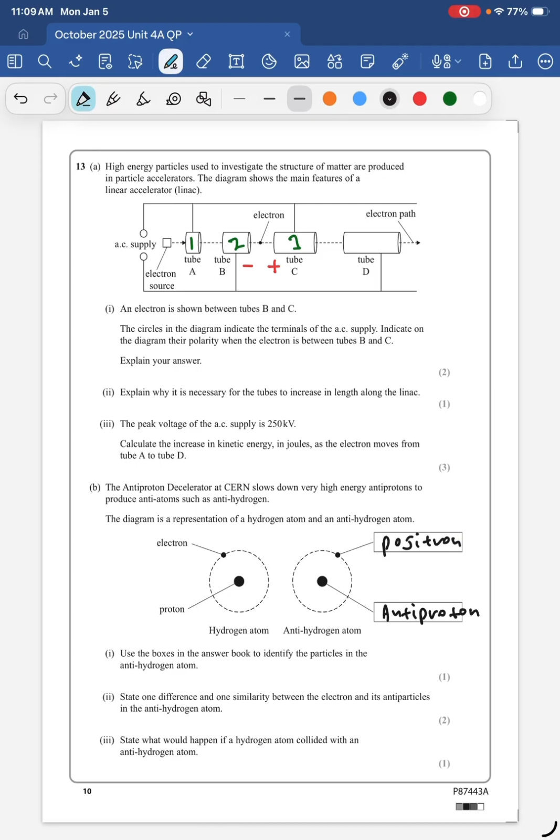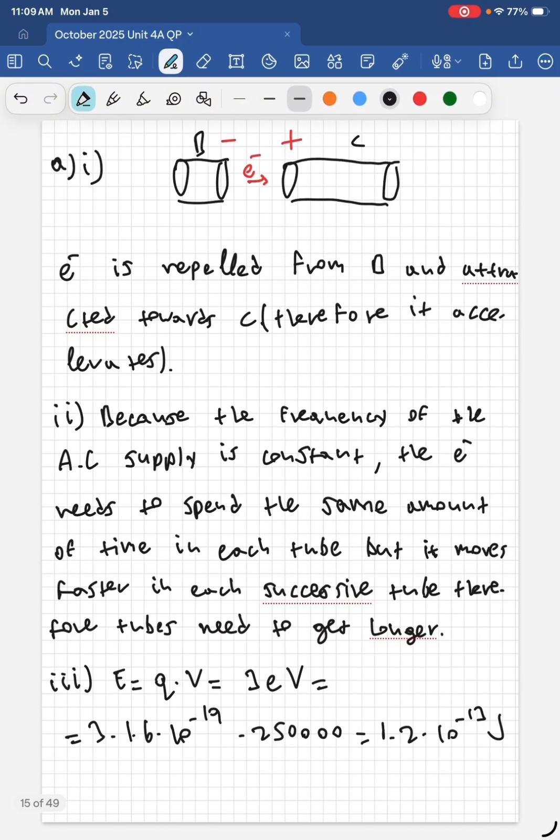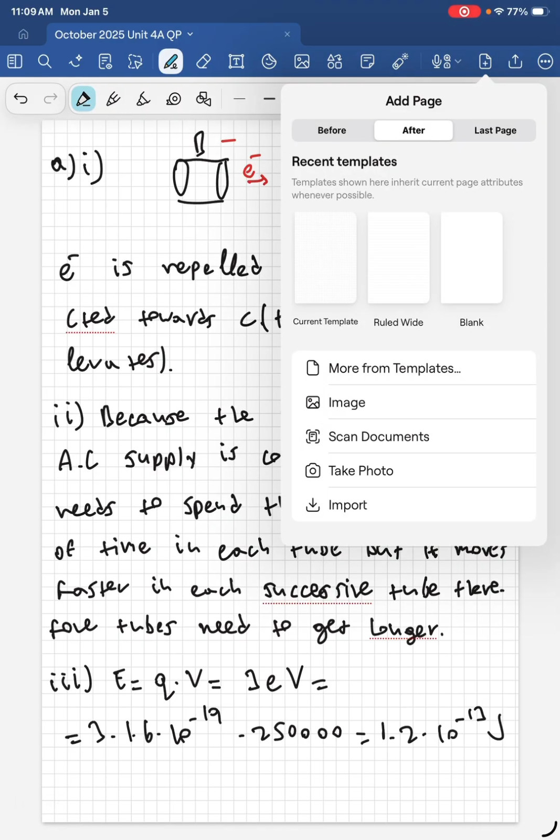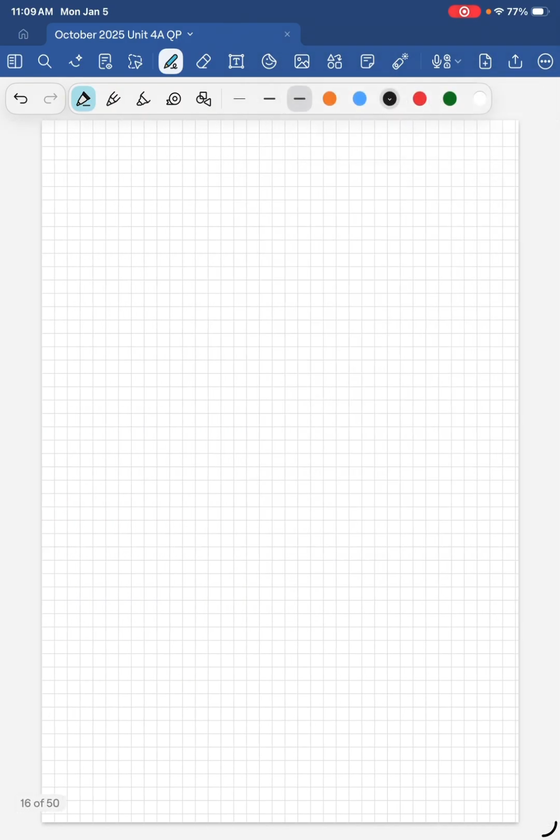Part 2. State one difference and one similarity between the electron and its antiparticle in the antihydrogen atom. Okay, I'm going to need another clean page. So this is part B, part 2.